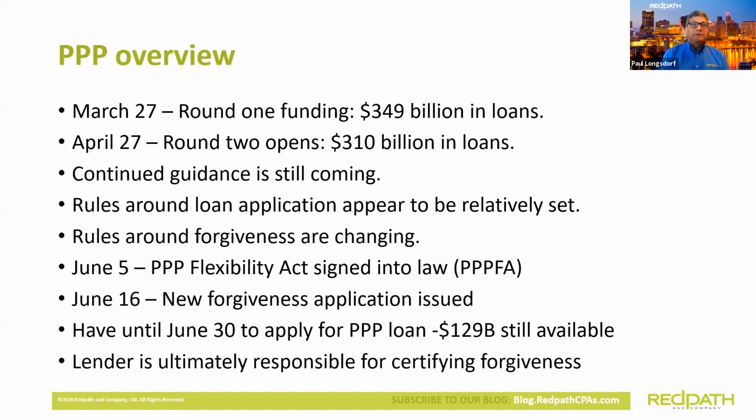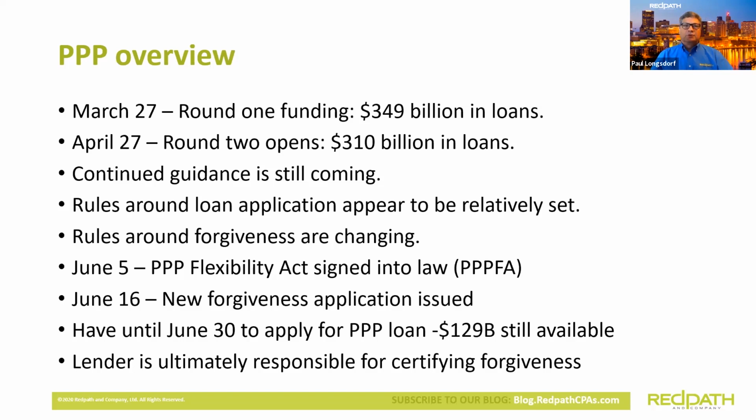On June 5th, the PPP Flexibility Act, which again is our focus today, was signed into law. And then late on June 16th, so for most of us on June 17th, the new forgiveness application was issued, as well as instructions and a new interim final rule.